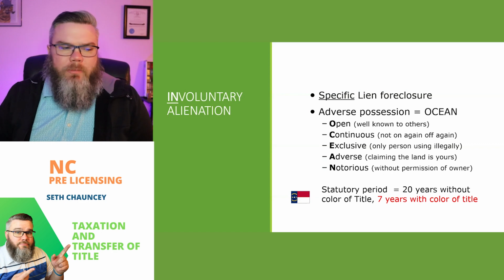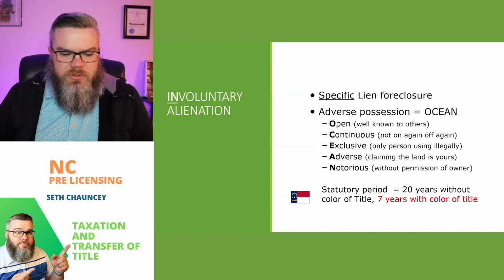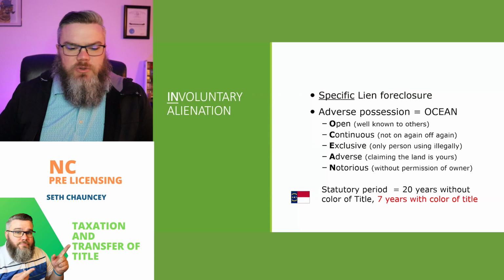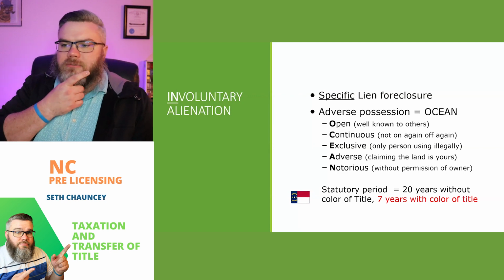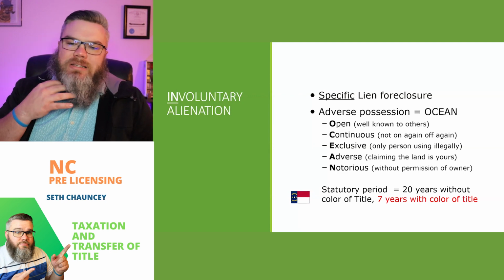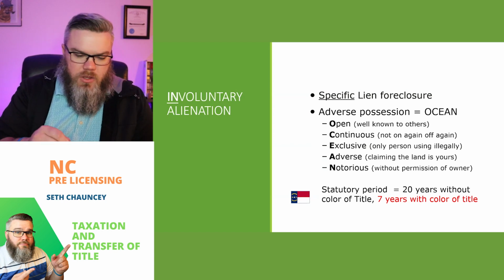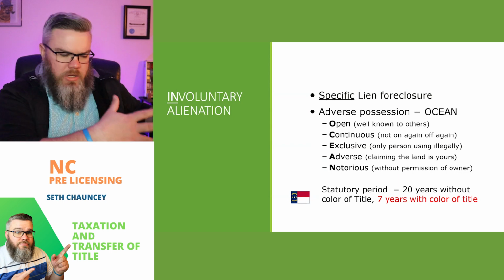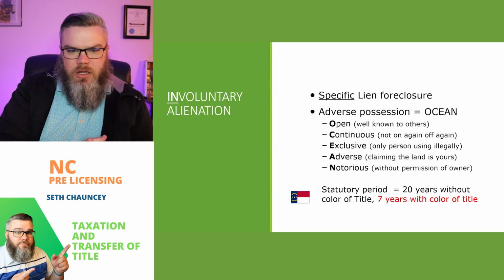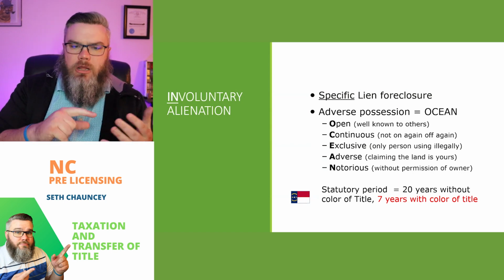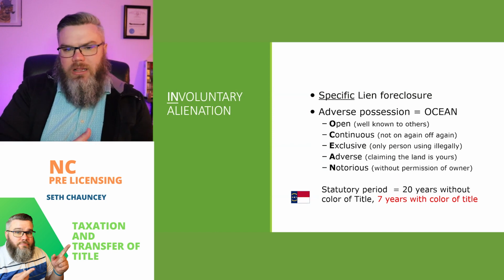So let me circle back around to the first one because the adverse possession is the first one that catches everybody's eyes when I flip the slide. So I like to talk about that first. One of the most common types of involuntary alienation is the specific lien foreclosure. So I told you, when you buy a house, you put a lien on your property, a voluntary lien called a mortgage or a deed of trust. Now, we're going to talk about that later.